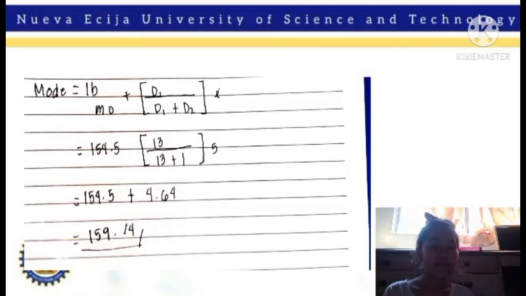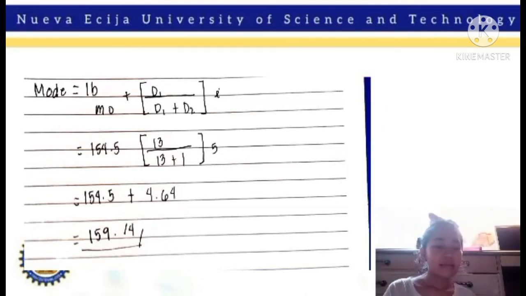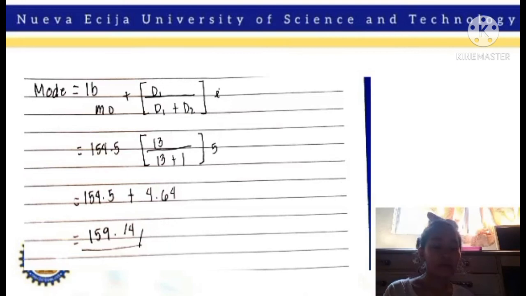To get the mode, the formula is the lower boundary of the modal class plus D1 over D1 plus D2, multiplied by the class interval. To get the modal class, we will just look for the greatest frequency, which is 16, and its lower boundary is 154.5.